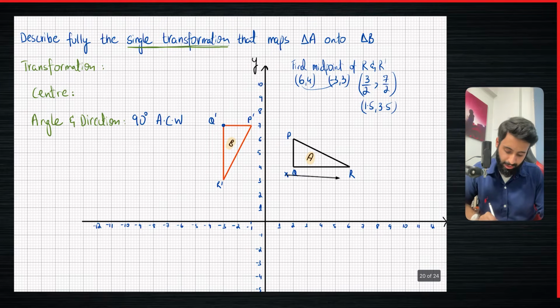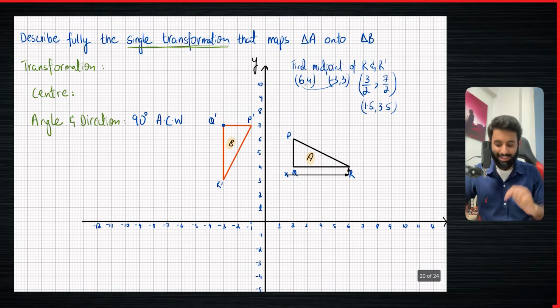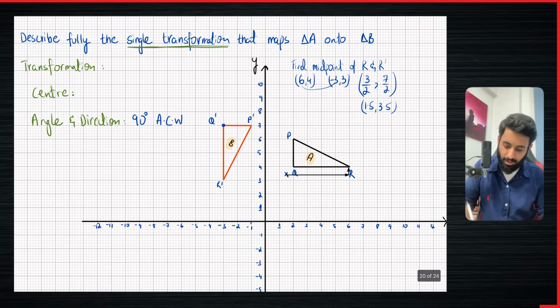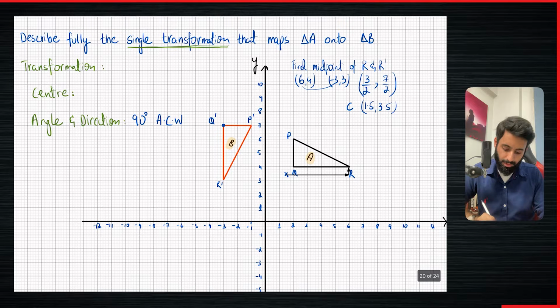So basically what I'm doing is I'm taking this point as my center. Okay, so I'll just call it C. And using this as my center, I'm either going to rotate R or R prime. Like I said, it doesn't matter, either 90 degree clockwise or 90 degree anti-clockwise. Okay, so let's say I rotate R 90 degree anti-clockwise.